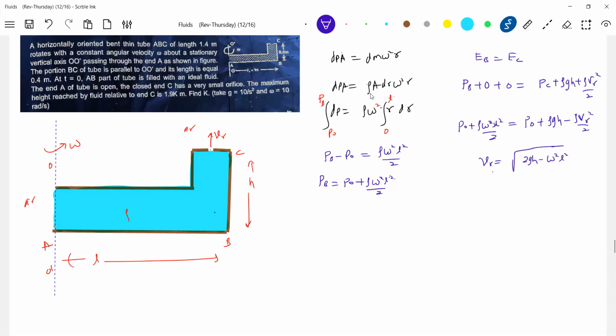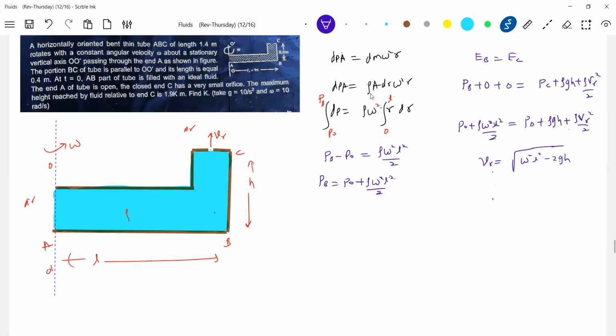Okay, there is the expression for the speed. So what is the height? H only, right. Now it will rise. In the third expression, it should be plus rho VR square by 2. Yes, sir. The final expression will be omega square L square minus 2gH.